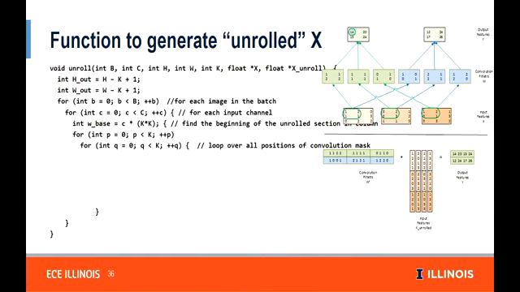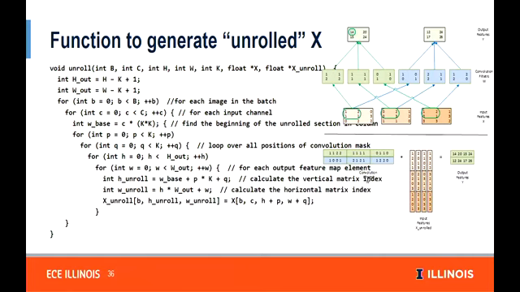So for each PQ combination, I'm going to go through all the output positions in each feature map. For each output position, I'm going to do the calculation exactly like what I showed you in the previous slide.